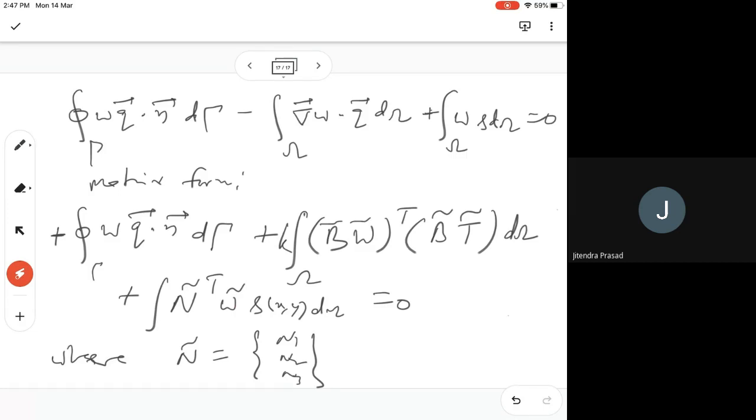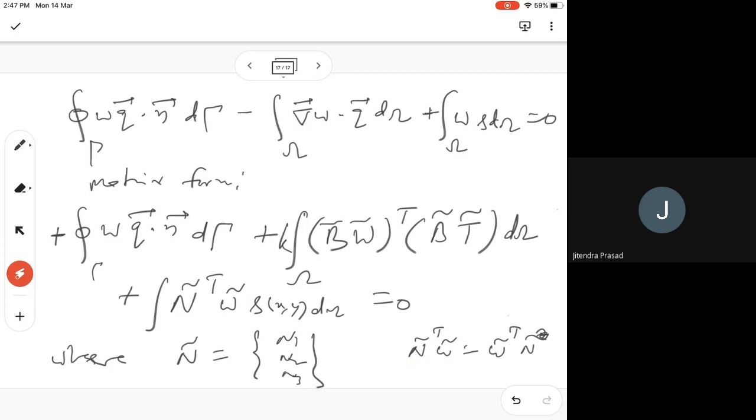So basically N transpose W is equal to W transpose N. You can also write like that, since this is a scalar.